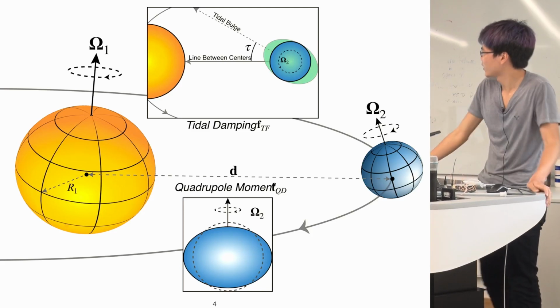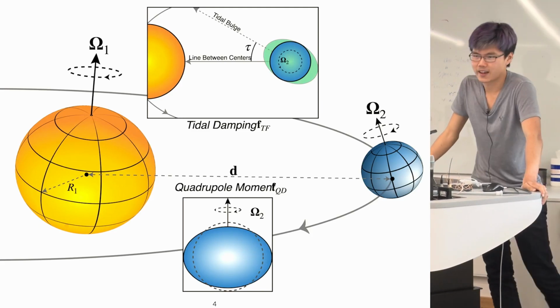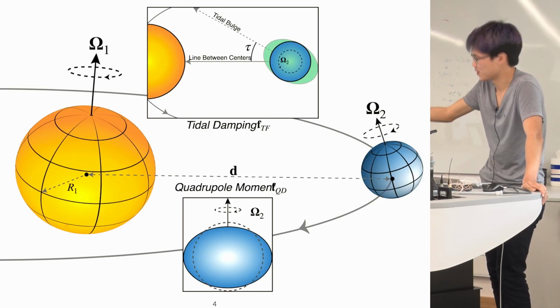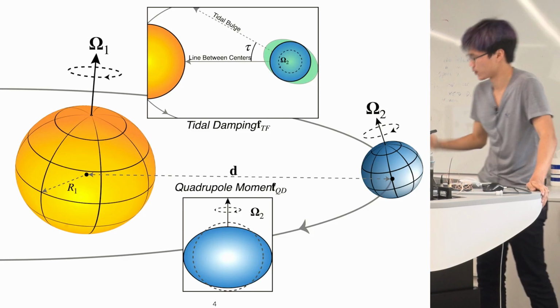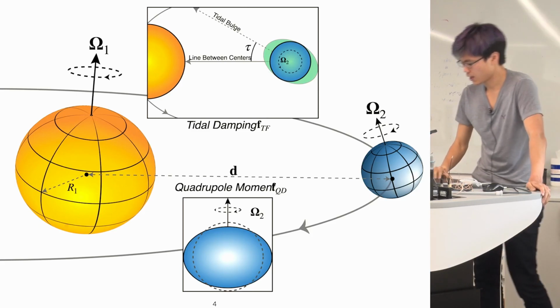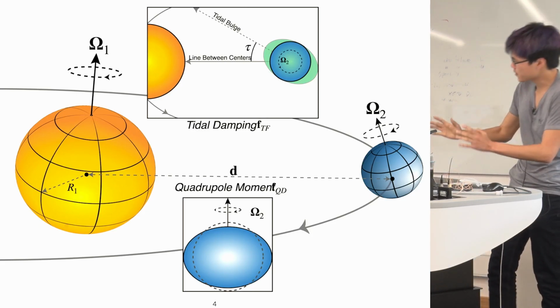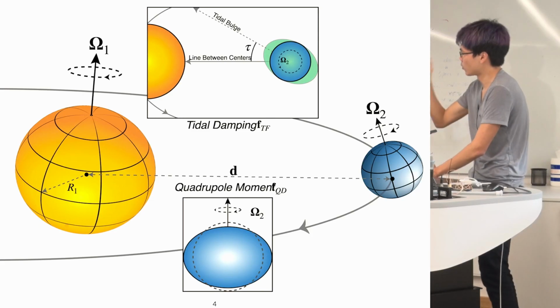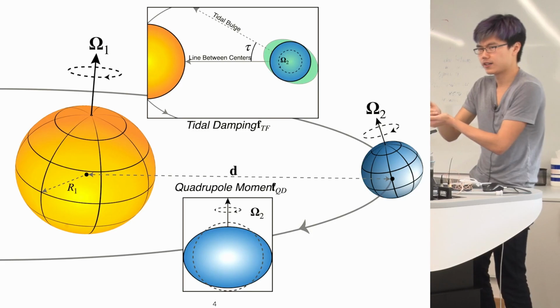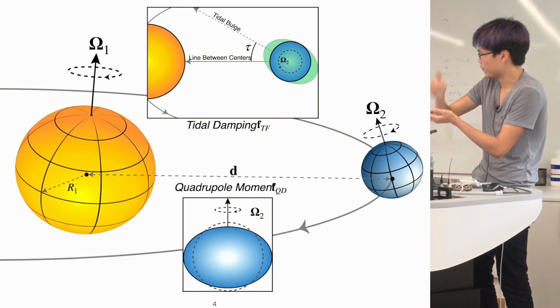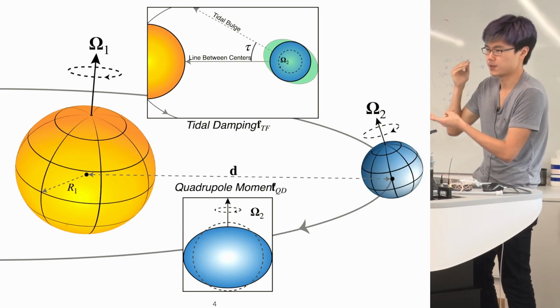This induces a torque on the orbit of the body, and this change in angular momentum also changes the orbit, and it's another effect that we have to take into account. I want to emphasize the importance of spin-orbit coupling here. What that means is the mutual dependence of the dynamics of the system and the dynamics of a spin vector.